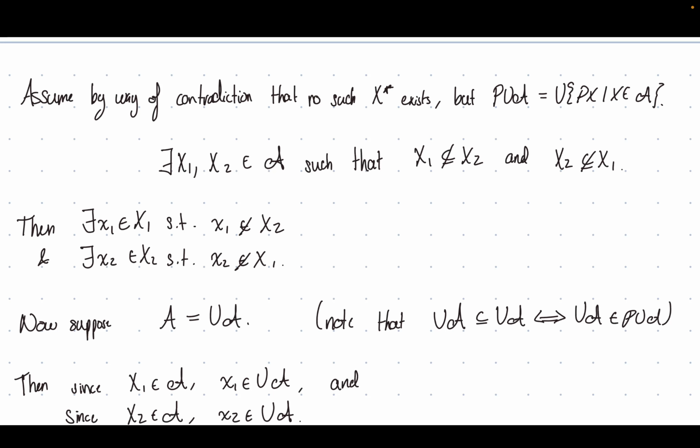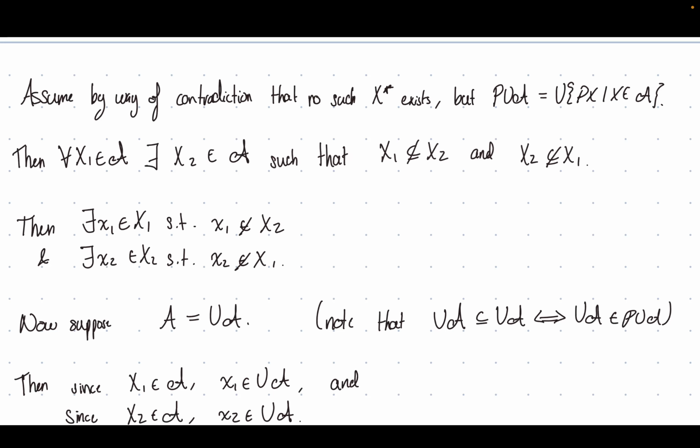Okay, then for all x1 in script A, there exists some x2 in script A such that x1 is not a subset of x2 and x2 is not a subset of x1. Okay, that's what I was trying to get at.